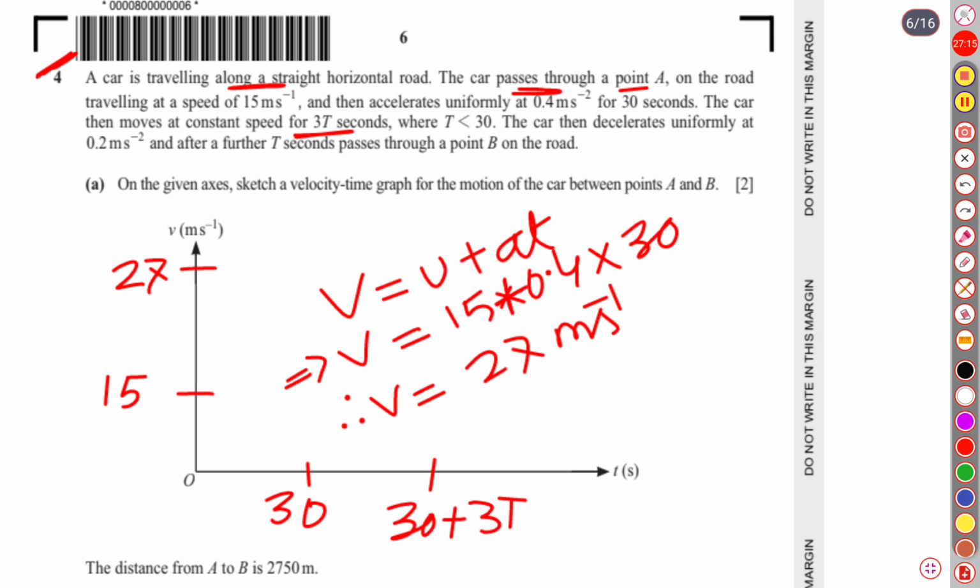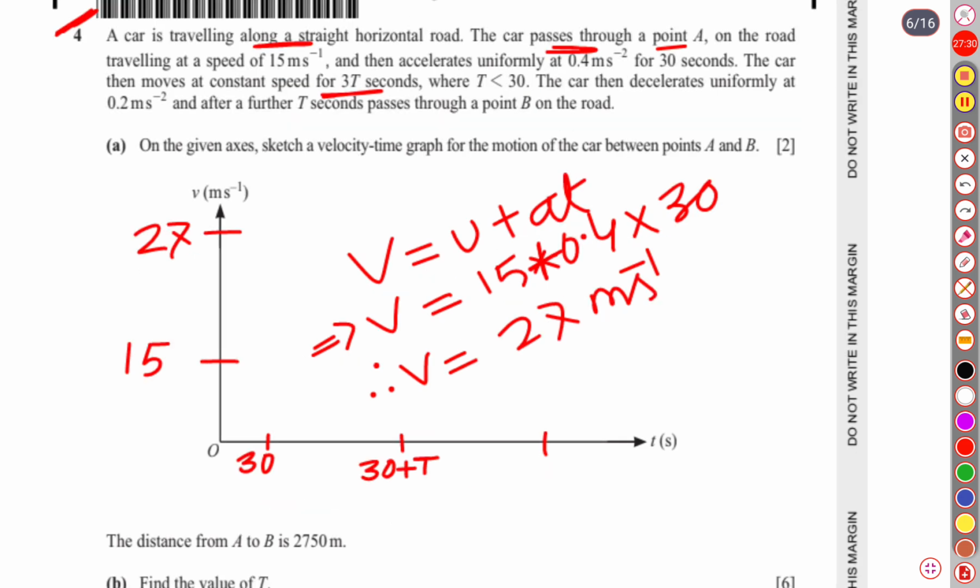Then the car decelerates uniformly at 0.2 meters per second squared, and after a further t seconds passes through a point B on the road. So there will be another t. So 30 plus t, again t, 30 plus 3t.